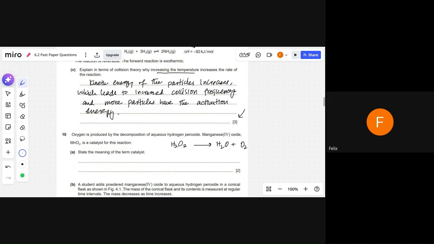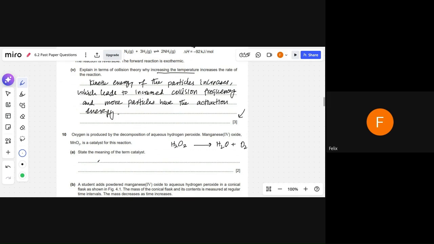So we understand that a catalyst is a substance that increases the rate of a chemical reaction without getting used up, right?